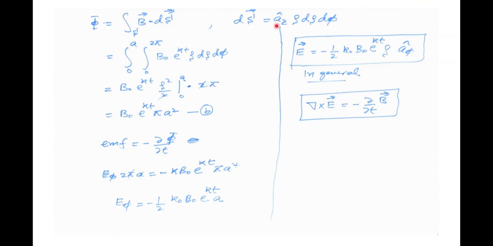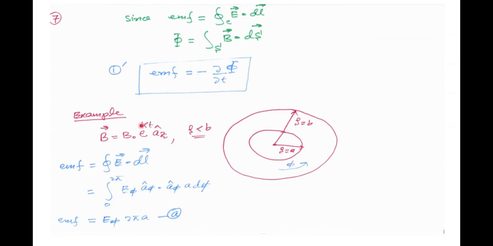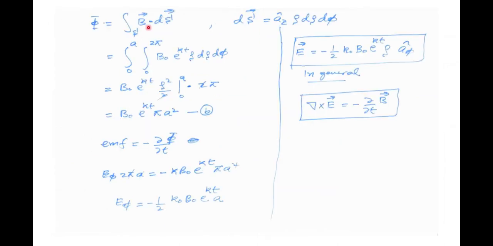So dS in this case would equal a_z unit vector times rho d phi. Replace dS by this relation, plug in the relation given in this example into this integration, and evaluate it. Eventually we come across equation number b.